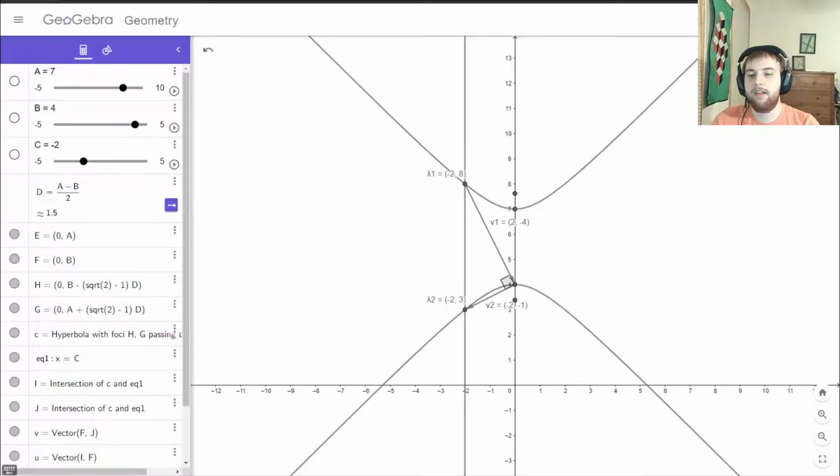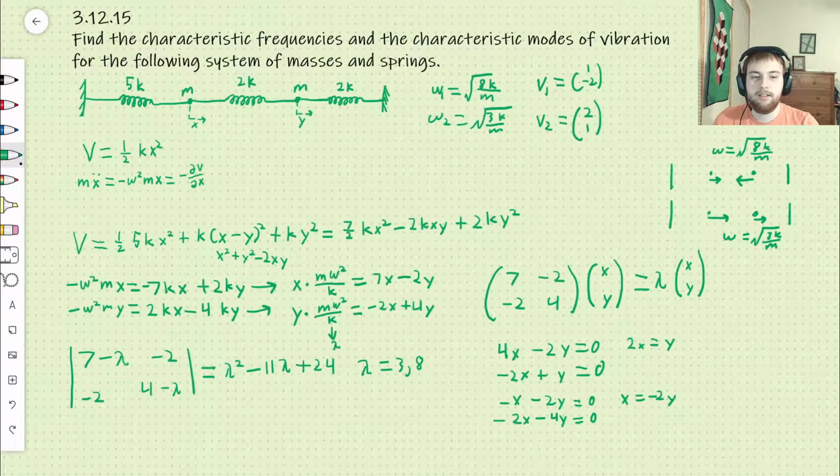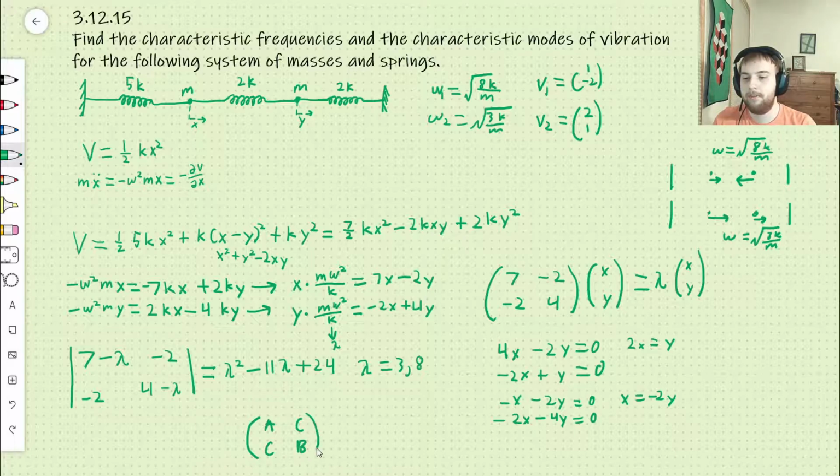But every eigenvalue problem of this form, where you have a matrix of A, C, C, B, where A and B are not equal, this actually is a hyperbola problem.